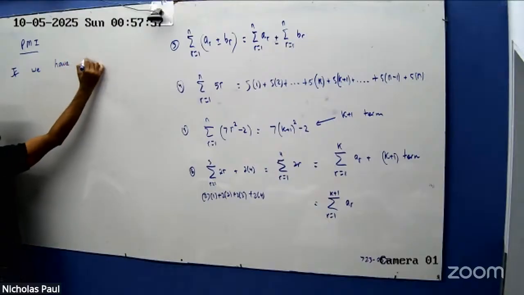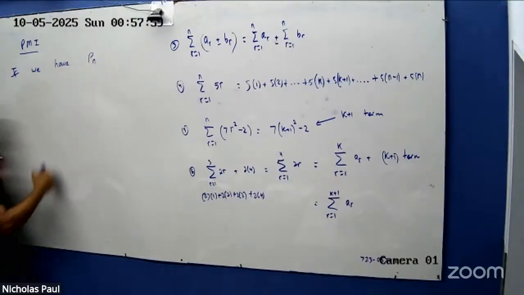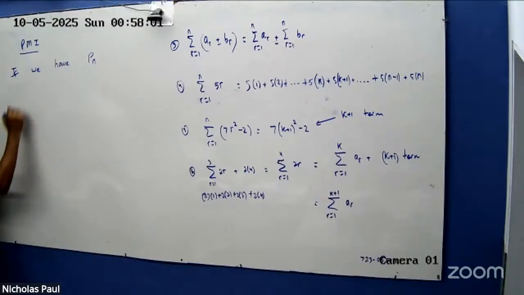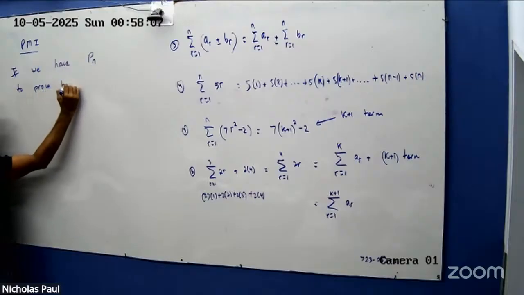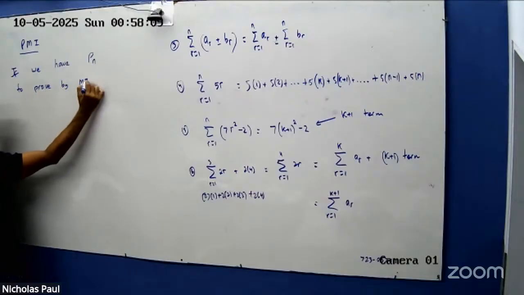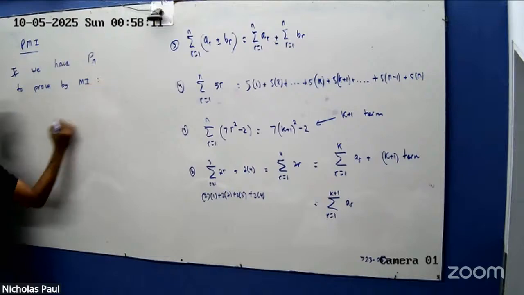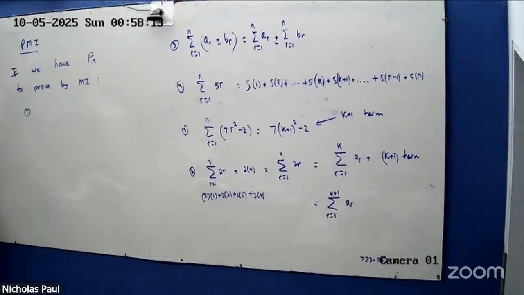If we have a statement, or proposition, P of n, to prove by mathematical induction, here's what we do. Number one, we have to show it holds for the first value.